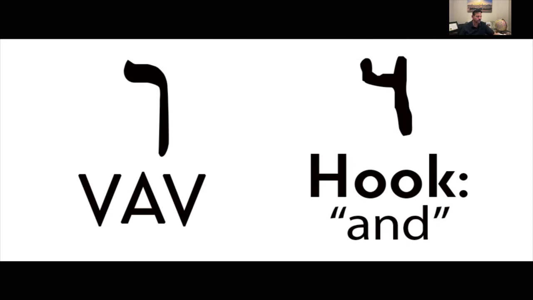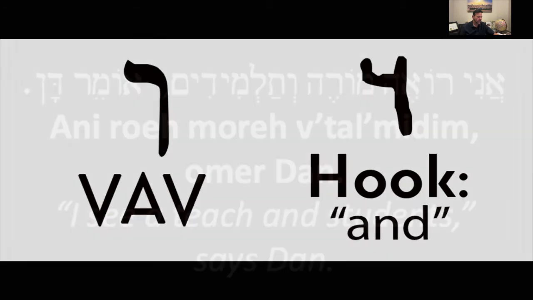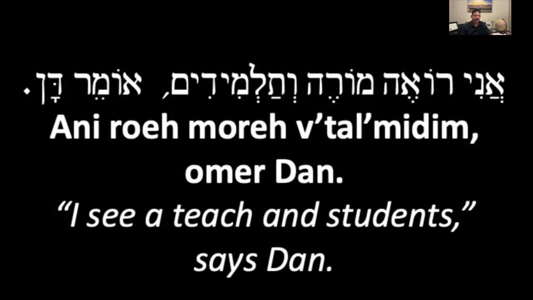So when you use the Vav as a prefix to the front of a word, you're saying and. So what does he see? He doesn't just see a teacher. Oh, sorry, the English doesn't give you the proper translation.